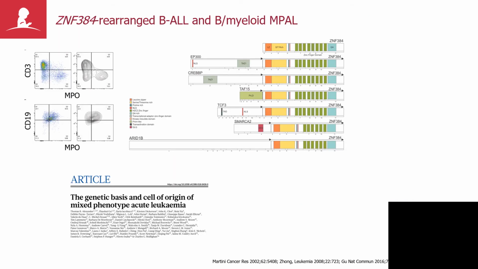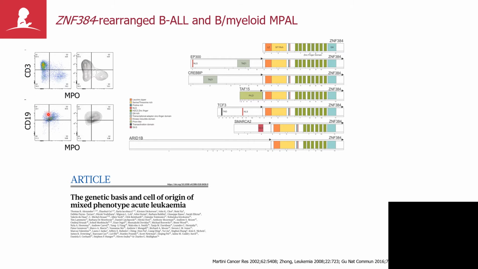But we also see these rearrangements in another form of leukemia, that is B-myeloid mixed phenotype acute leukemia. And you would be aware of this phenomenon of mixed phenotype acute leukemia, where leukemias do not fit neatly into a single lineage of myeloid, T cell, or B cell, but typically express myeloid markers such as MPO, myeloperoxidase, and a lymphoid marker such as CD19 for the B cell lineage or CD3 for the T cell lineage.